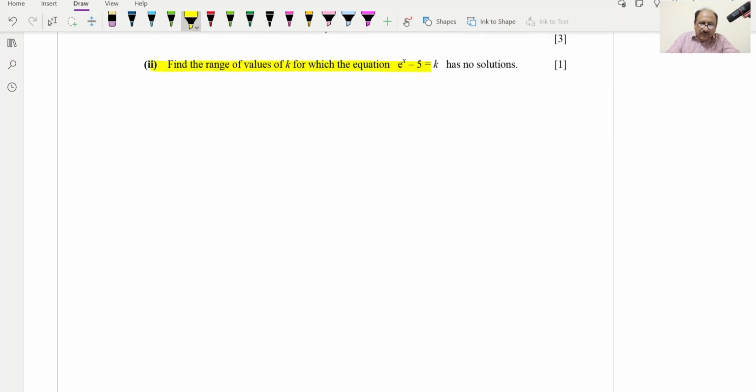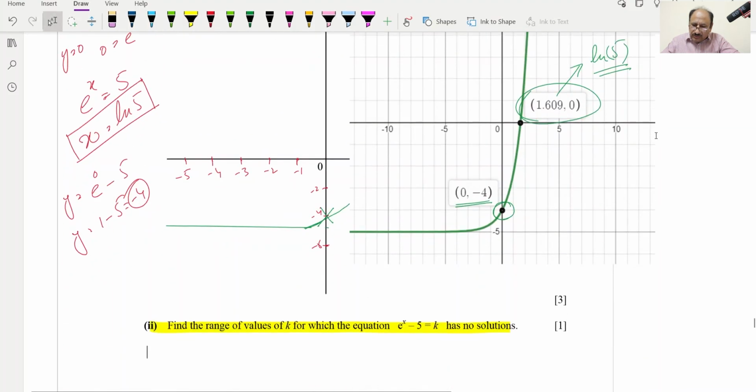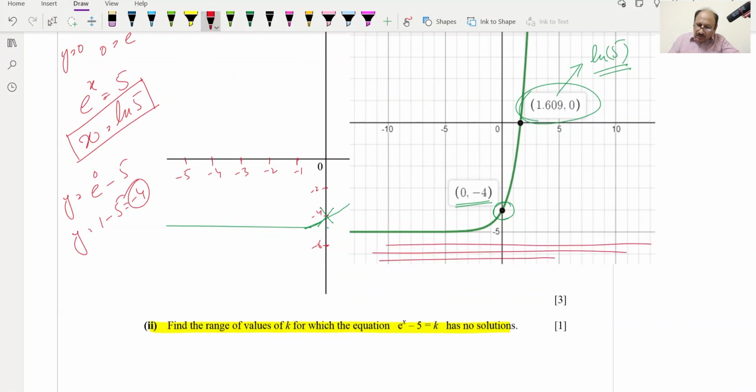Find the range of values of k for which the equation e raised to the power x minus 5 is equal to k has no solution. So we can check on our curve that if we have a line lesser than -5, all such lines will not be intersecting, because the curve is not coming down to the y equals -5 value.